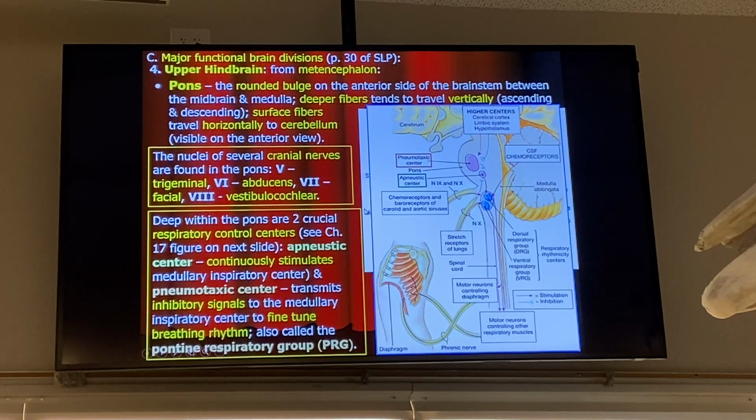And there's 2 of them. Yep, new stick in the pneumotaxic center.